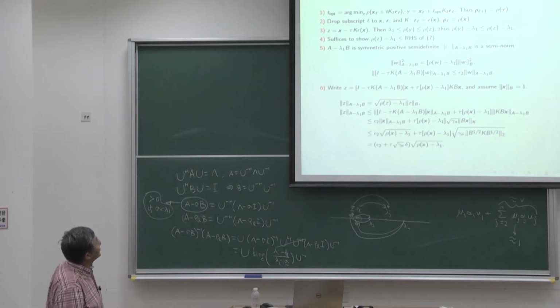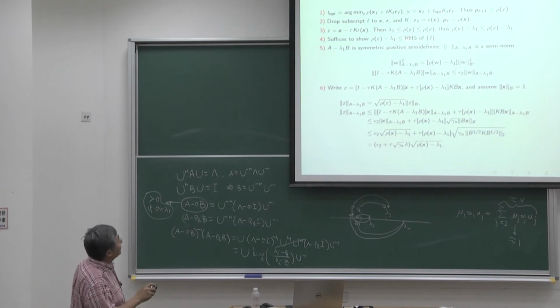The proof is listed here, but I don't plan to go through it. The proof has several key points. I want to mention a nice idea of the proof that may be useful in the future when you do some convergence analysis, that is using a so-called semi-norm. Semi-norm means that you have a matrix right there that is semi-definite, okay?